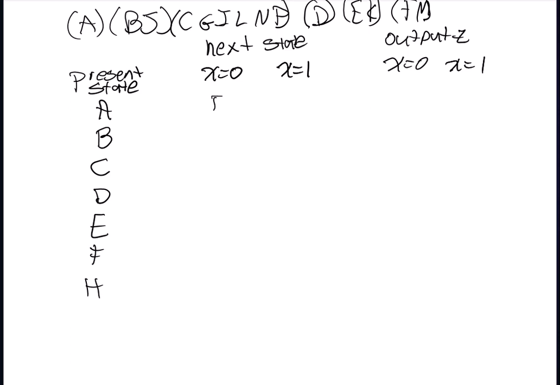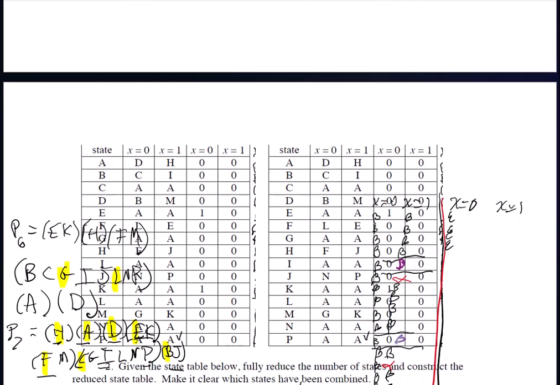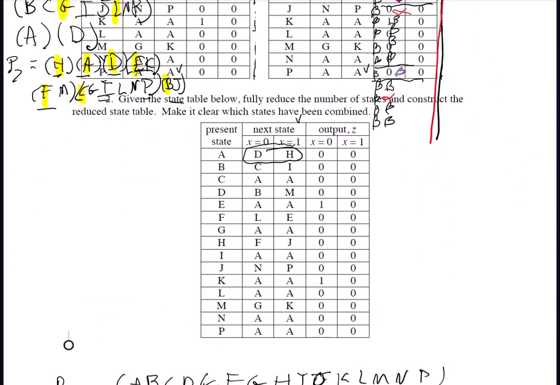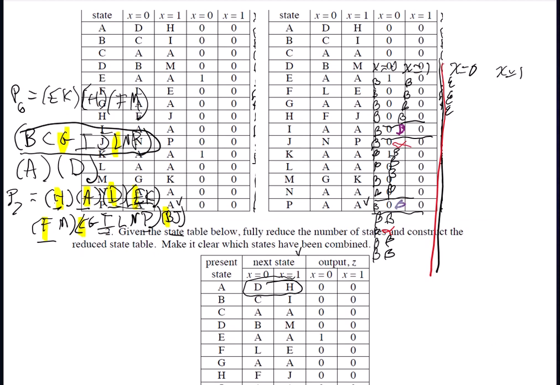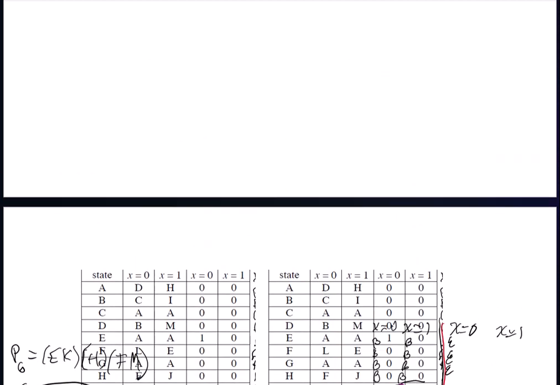So we can say D and H. And then for B, we have C and I. Now let's remember C was in this partition and I was in this partition.